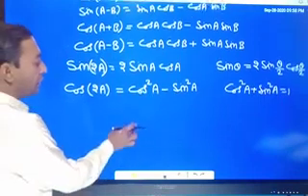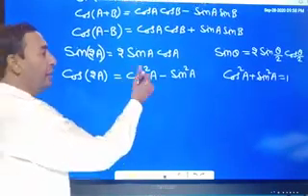We can convert this formula into only cos form and only sin form.